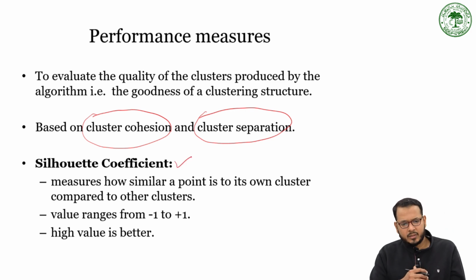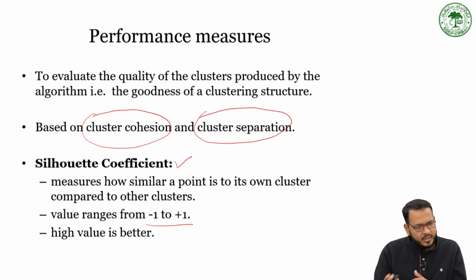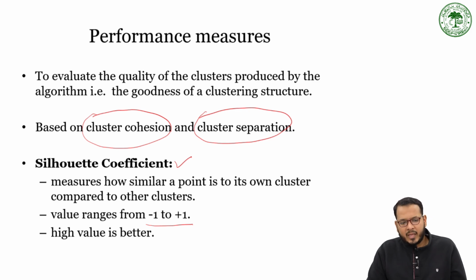It tries to measure how similar a point is to its own cluster, that is cluster cohesion, in comparison to the other clusters, that is cluster separation. Its value ranges from -1 to 1, and a higher value of this coefficient represents a better cluster formation.